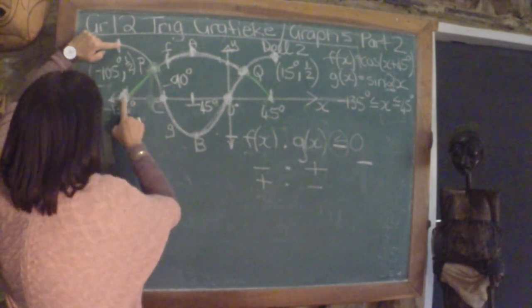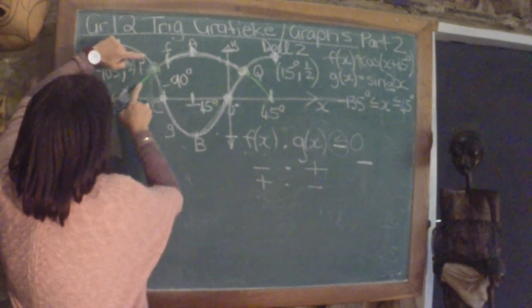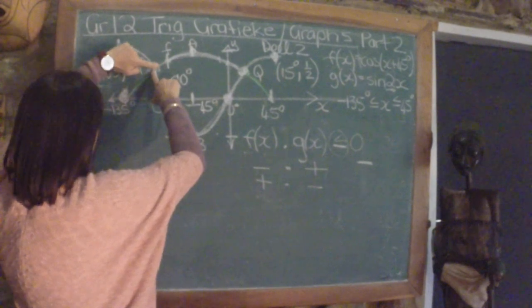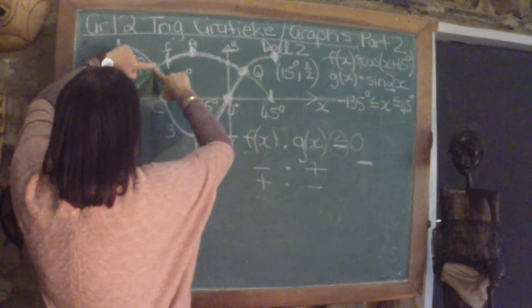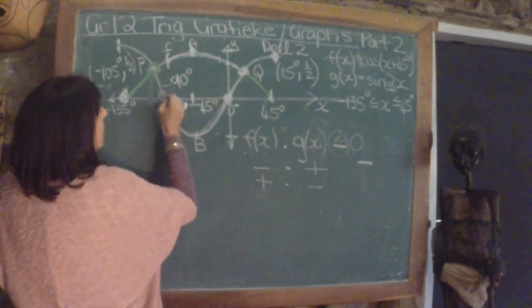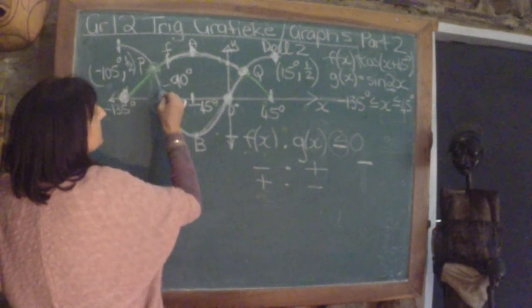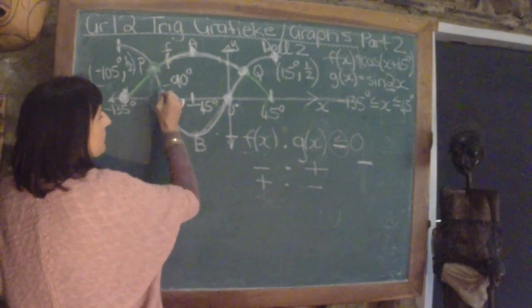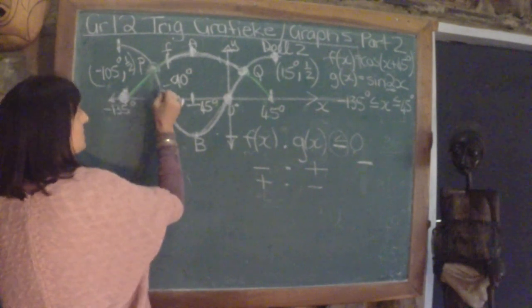Definitely in. Daar is albei positief, still positive. There, this G is 0 and that one is plus. So 0 maal met 'n plus gee ook vir my 'n 0. So that point must be in as well.